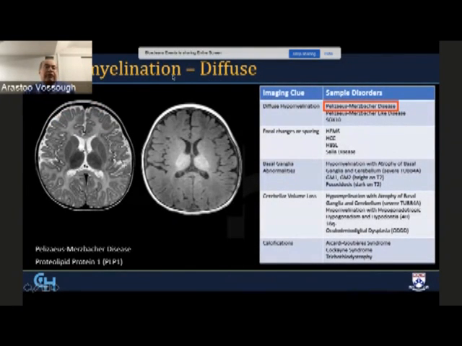Now, pattern recognition in hypomyelination is helpful as well. This is a patient with Pelizaeus-Merzbacher disease, and in these patients, often we have a diffuse hypomyelinating disorder as a sort of pattern recognition approach.